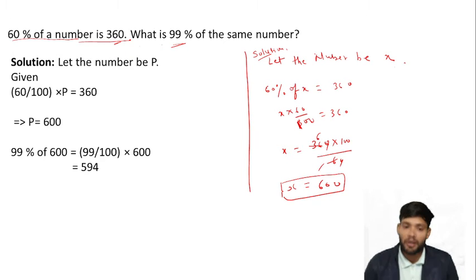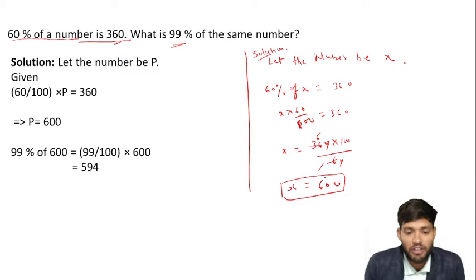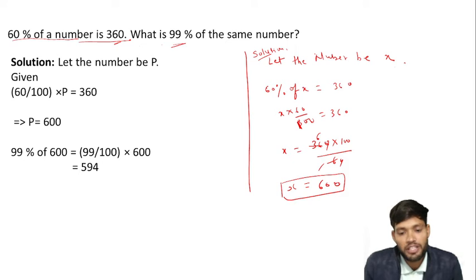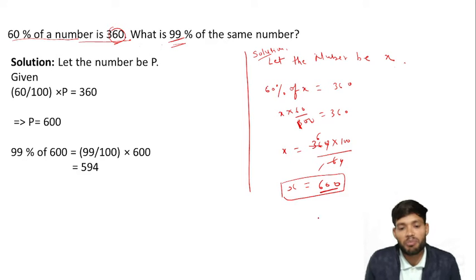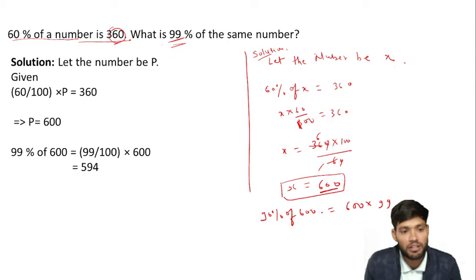This is our number. We have calculated the value of x, that means the original number is 600, whose 60% is 360. Now the question wants to say what will be the 90% of the same number. That means we have to calculate the 90% of 600, which is 600 into 90 by 100.